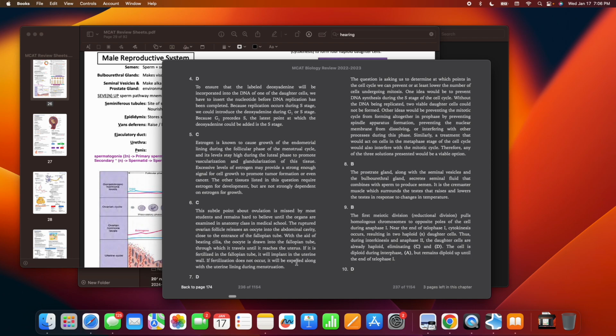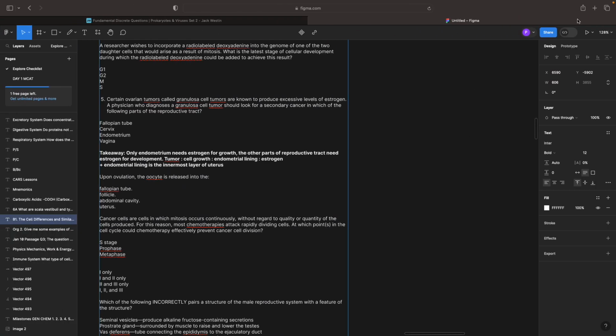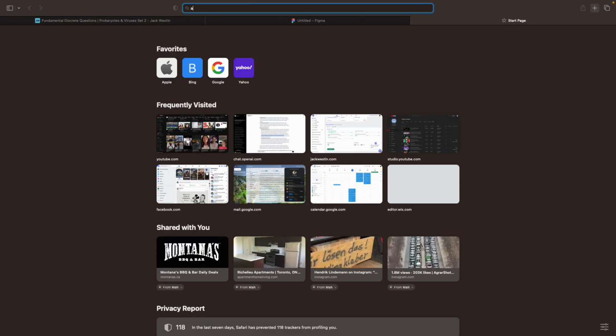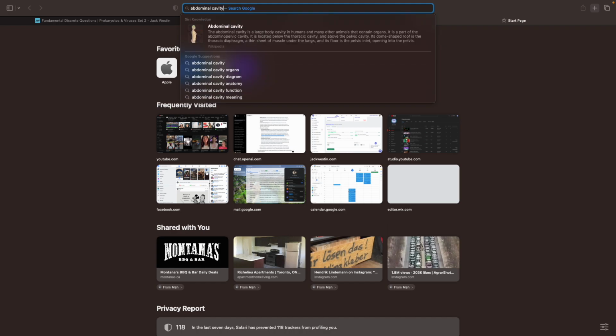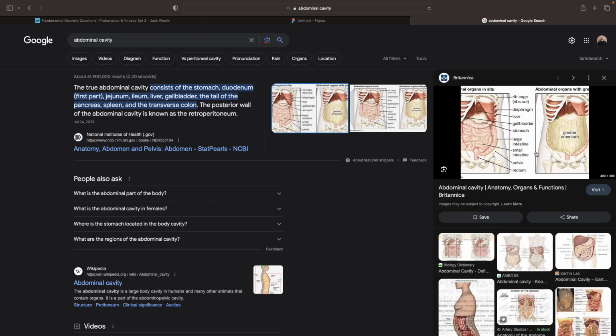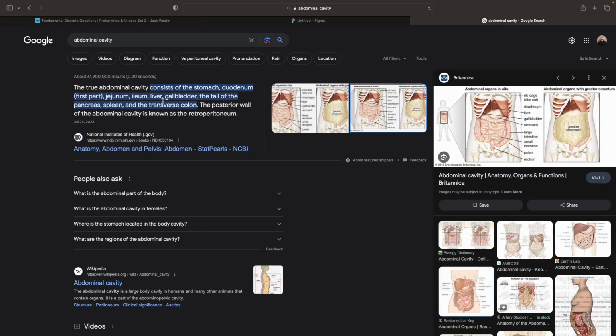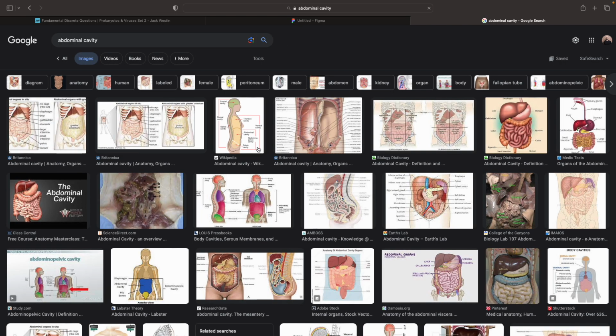Okay, nice. Let's see if we can find an image of abdominal cavity. Okay, this is not helpful. Let's go to images.